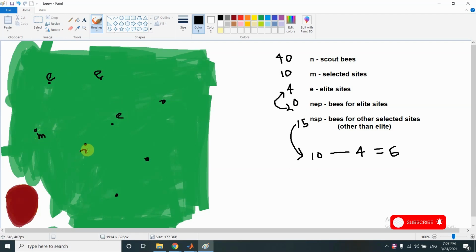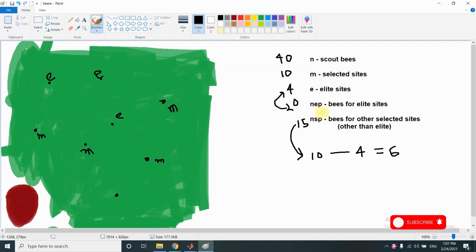This is also a selected site which is not elite. This is the same as well, and this site does not come under either selected or elite. That is, it is not selected at all, so it won't come under elite as well.